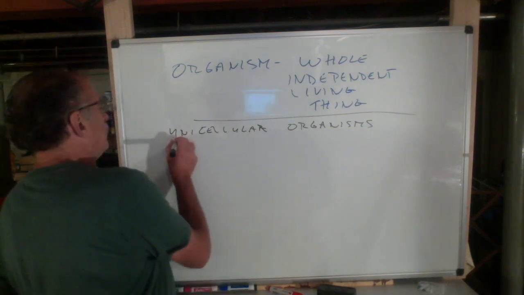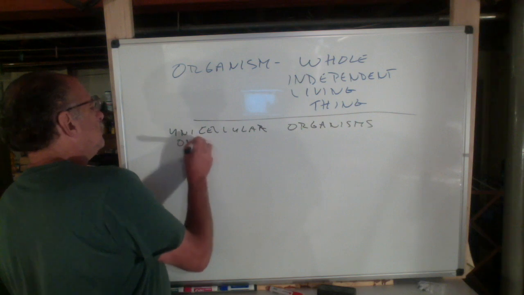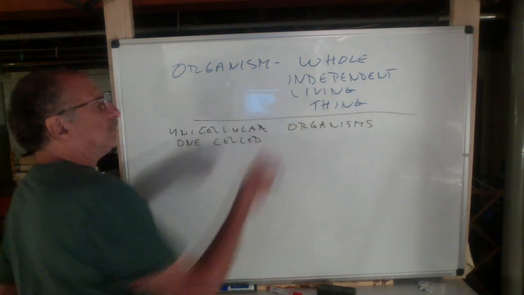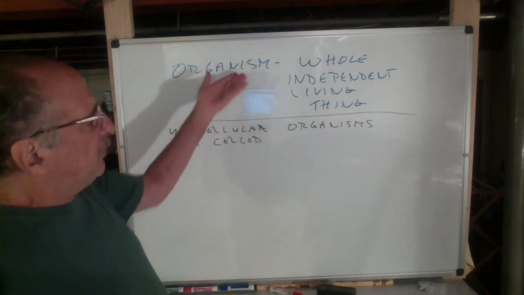Uni means one, single, celled, and what's an organism? It's a living thing.